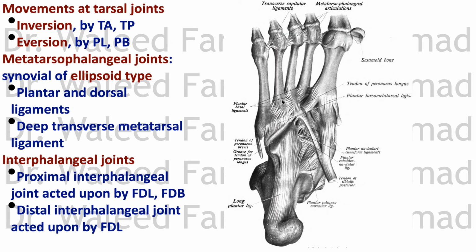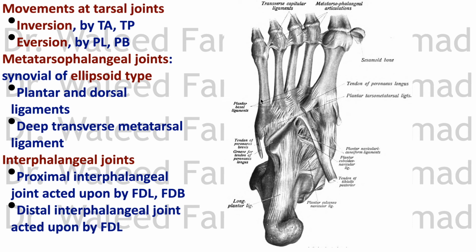By the way, the synovial cavity is joined in some joints. Movements at the tarsal joints: inversion is mainly produced by the tibialis anterior and tibialis posterior. Eversion is mainly by the peroneus longus and peroneus brevis muscles.